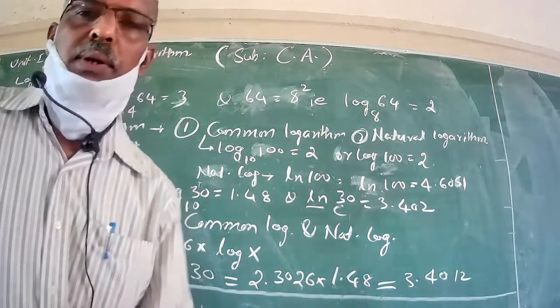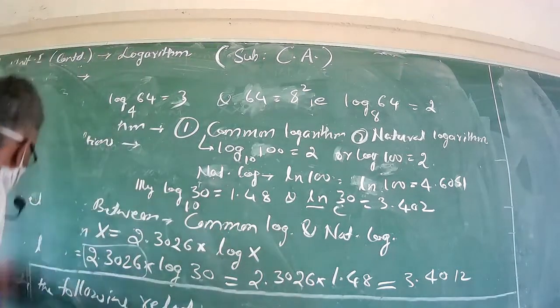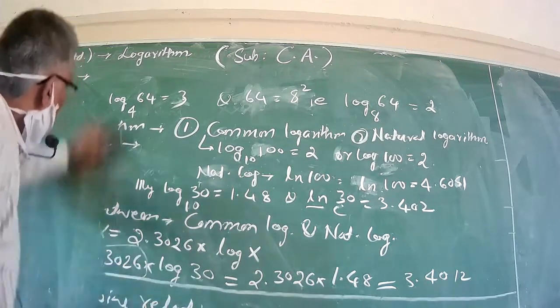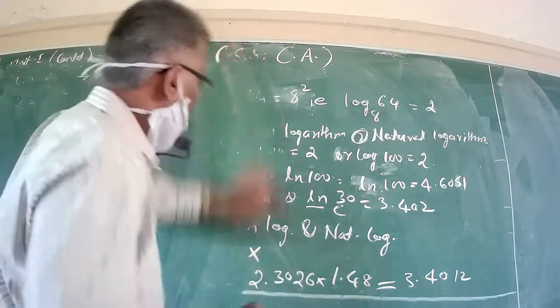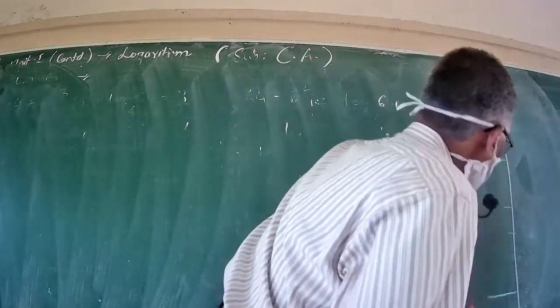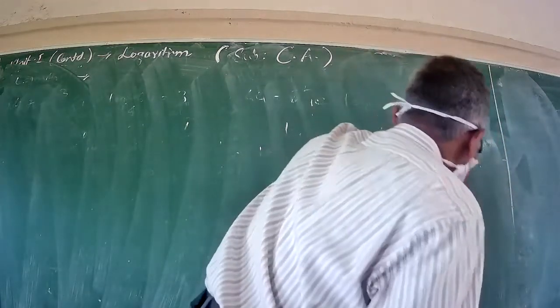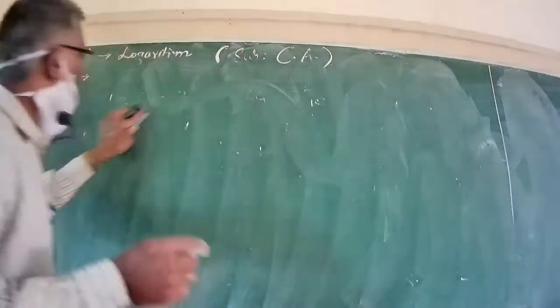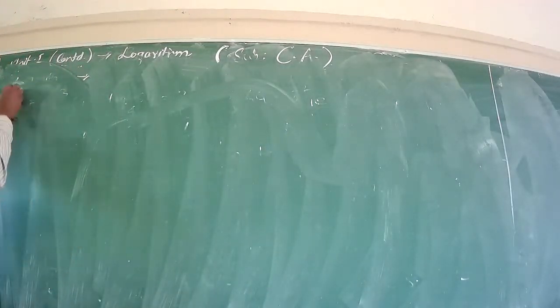Now study the following relations. We know that the number to the base 10 is easy to convert, any number. That is why it is chosen like that. Now 10 raised to 0 equals 1.